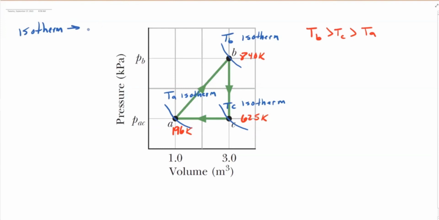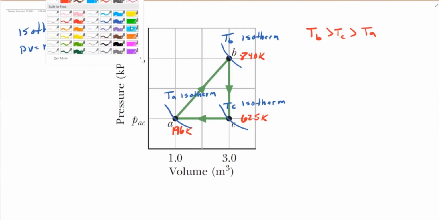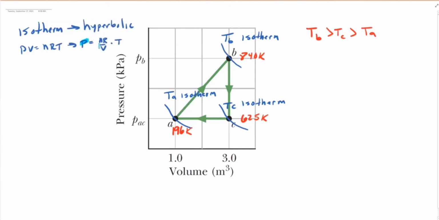Isotherms are always given by that hyperbolic shape or that inverse shape. Because if PV equals nRT, you can say P equals nR over V times T. And that's how you're seeing this hyperbolic relationship between pressure and volume.